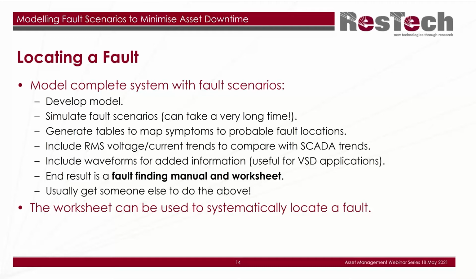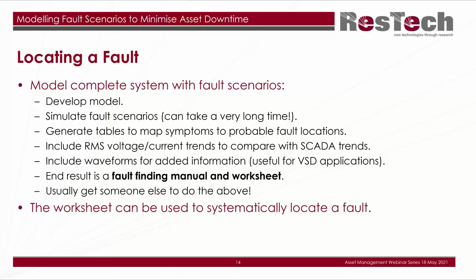Also, as part of the information from the simulation, as well as generating these tables, which is the first port of call, it's generally good to include the RMS voltage trends, which can then be compared with the SCADA trends. In fact, the SCADA trends are what's actually being used to determine, for example, whether voltages go up or down when a fault occurs.